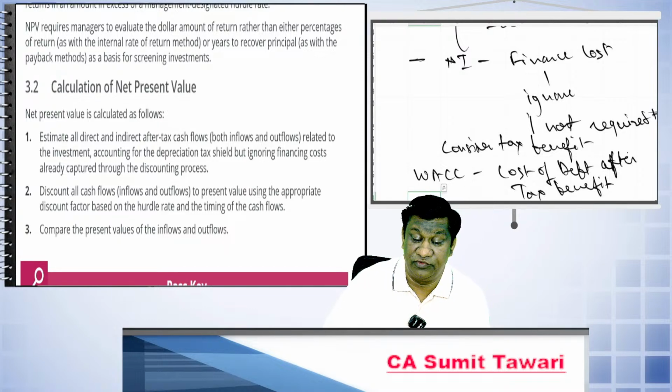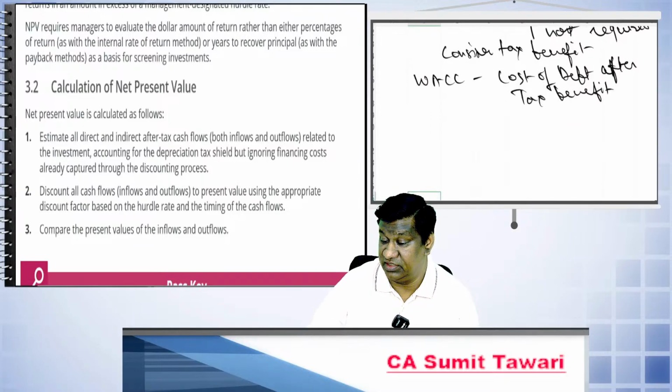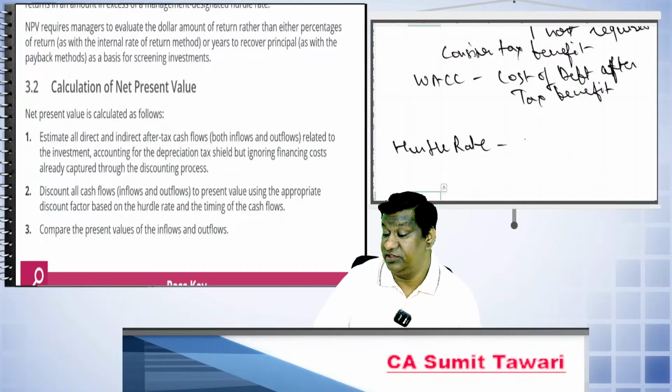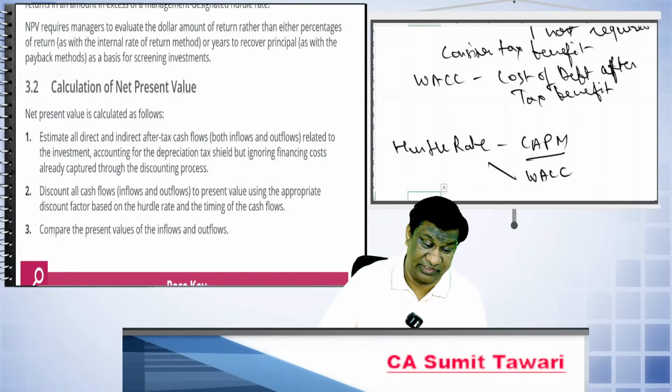Discount all cash flow to present value using the appropriate discounting factor based on the hurdle rate and the timing of the cash flow. Why do we say hurdle rate? As we already discussed, if 100% equity, then whatever the CAPM is, and if there is a mix of investment, then we need to calculate the weighted average cost of capital.